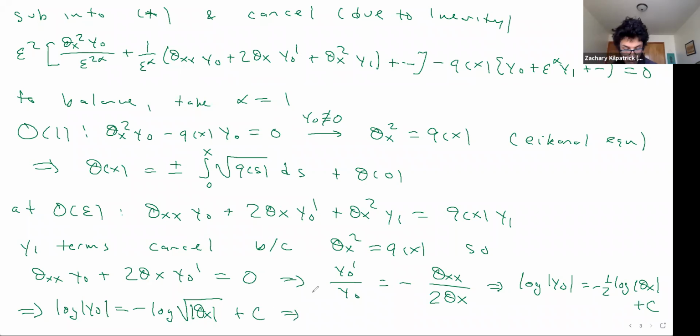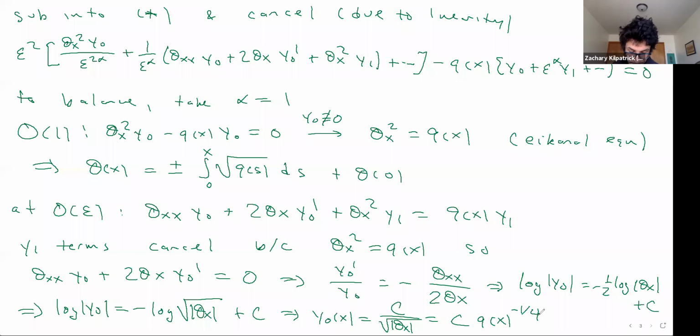And when I exponentiate, I end up with y0 of x is equal to c over the square root of theta sub x, which, if I plug in what theta is from the Eikonal equation up here, I get c q of x to the minus 1/4.